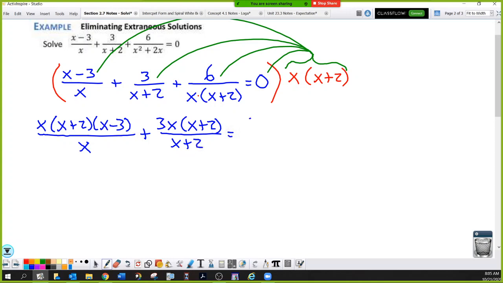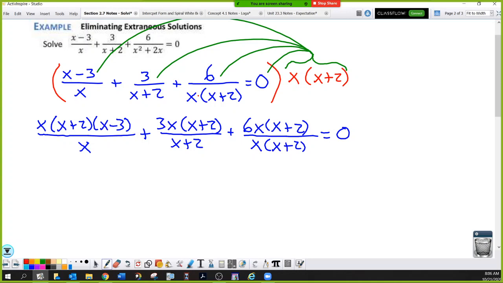And the last one, 6x times x plus 2 over x times x plus 2. Whoops. Did I say plus? Or did I just skip over it? And I wrote equals. Okay, I can fix it. Check this magic out. Now it's a plus sign. Ta-da!